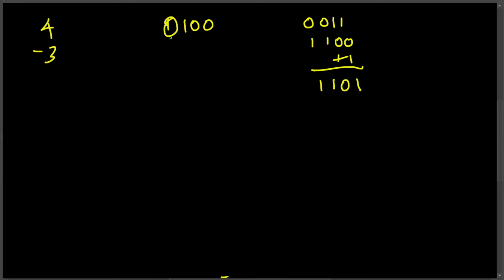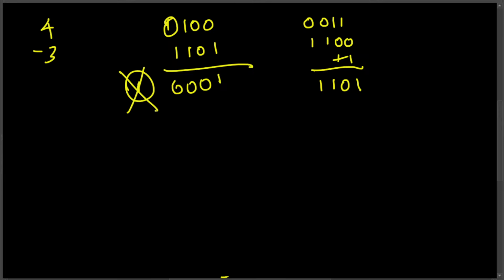Let's add that one with this. So 1, 1, 0, 1. And here I'm getting 1 here, 0 here, 1 plus 1, that is 0 and a carry 1, 1 plus 1, 0 and a carry 1. So we ignore the overflow, and this is our answer. That's what we have to get. And we are having 0 because this is a positive value at the end.